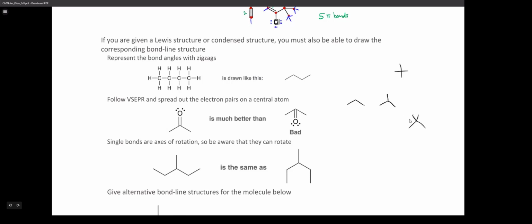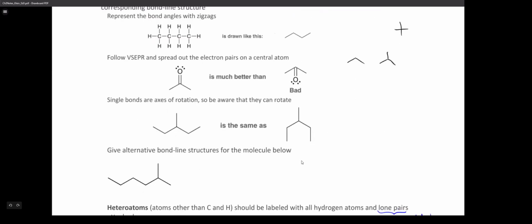Anyway, let me get rid of these because they're not very well done. Now here is where people really start having a hard time. You can always rotate a single bond. Single bonds rotate totally freely. So if I rotate this bond, this group right here can swing from there down to there.